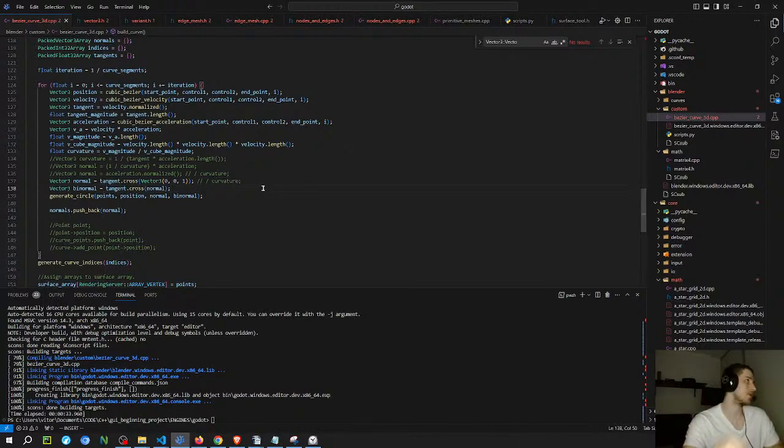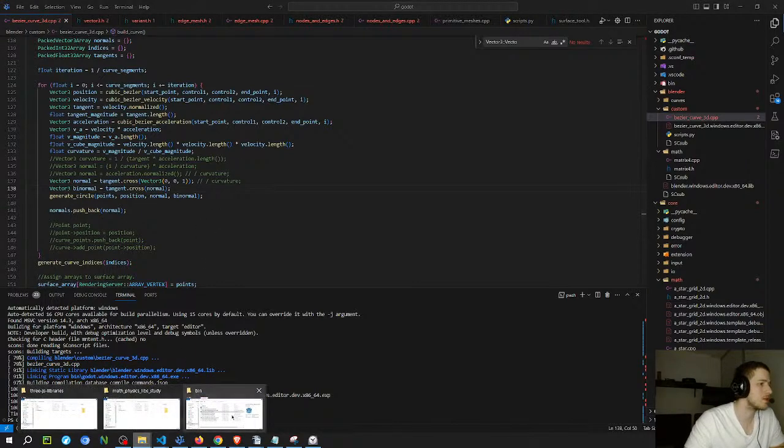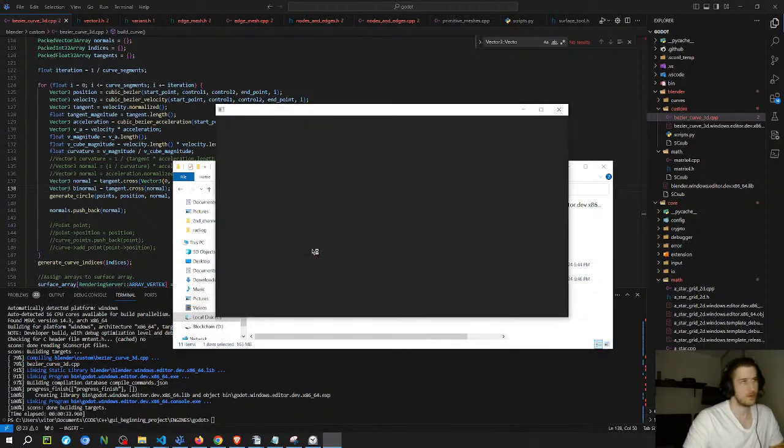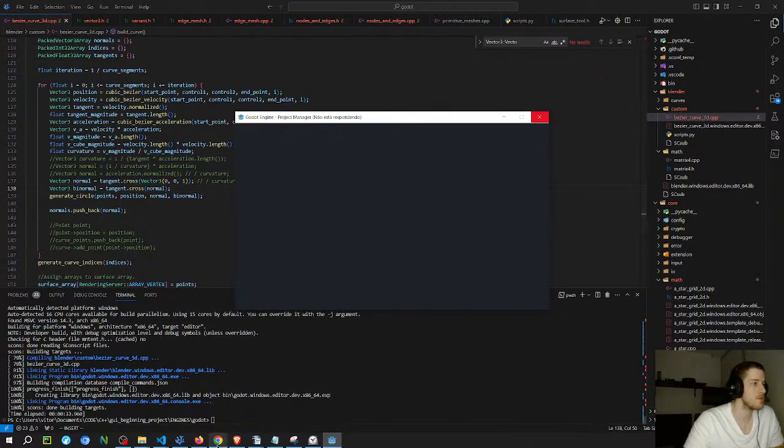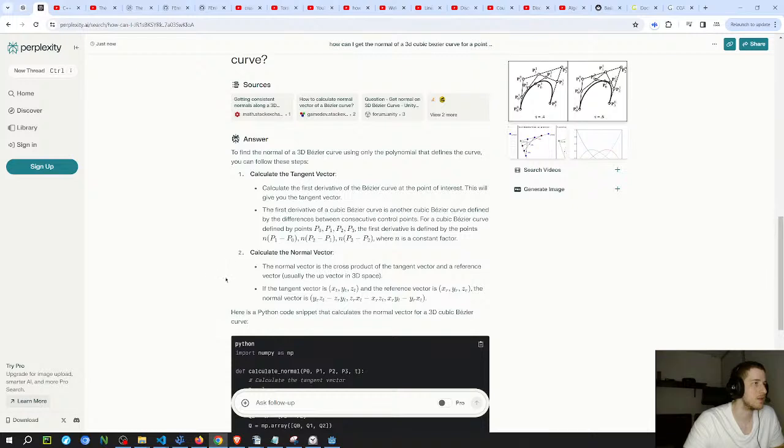How does this work actually? Because if you have a tangent, for example, that is on the z-axis, then the cross product is gonna give 0. I think this is probably not gonna work, but maybe it does.